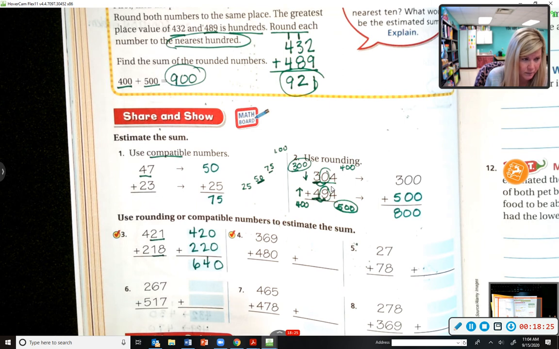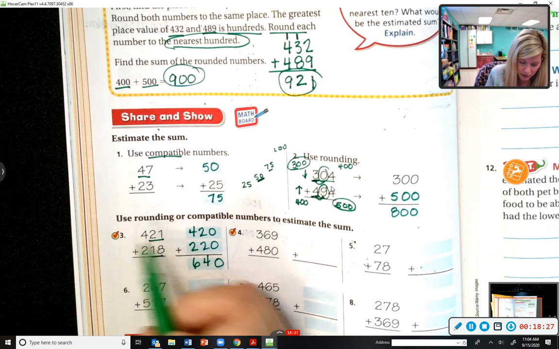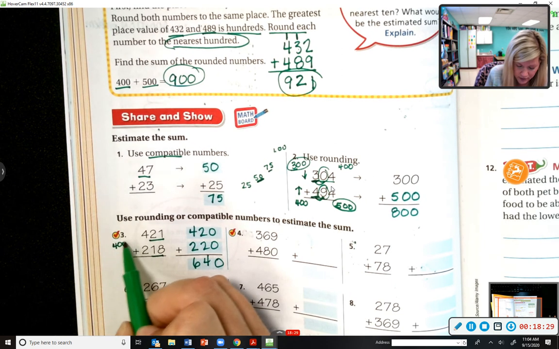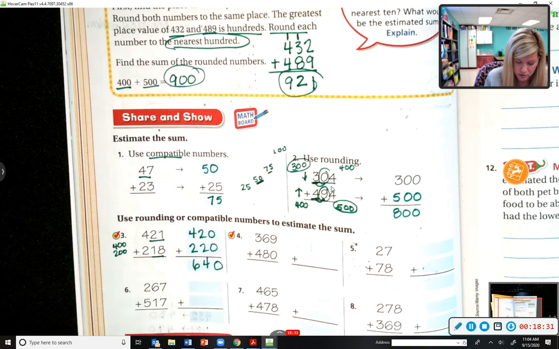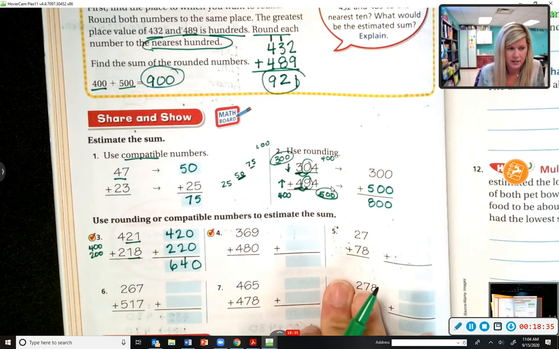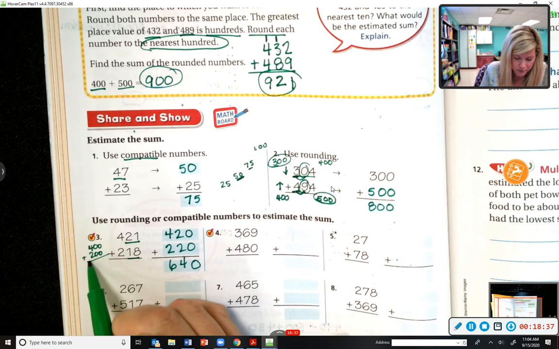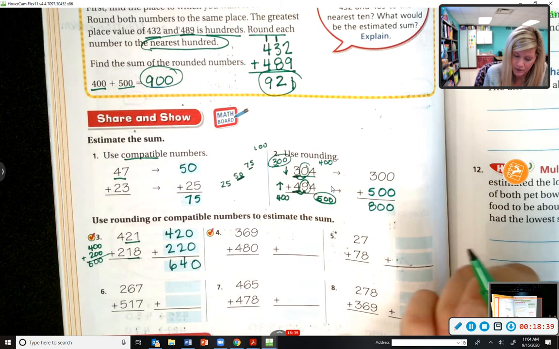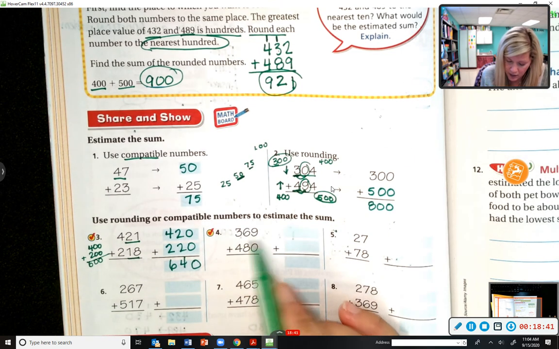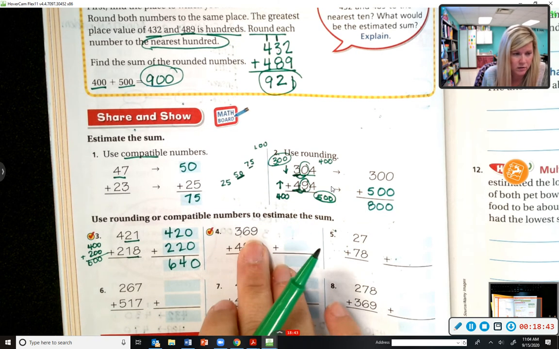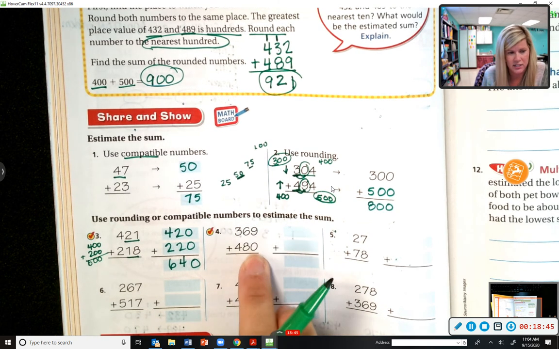$640. Now if you used rounding, it would have been 400 plus 200. Okay, the next one, which is 600. On this one I'm going to round because I see 69 and 80.